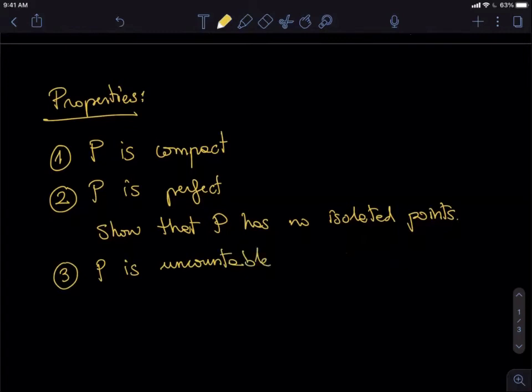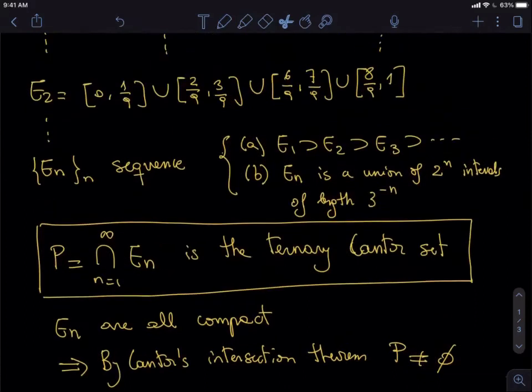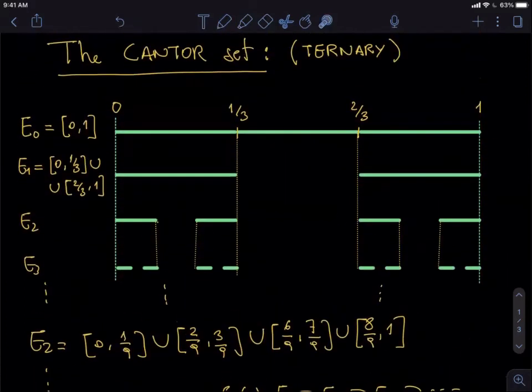Which is very interesting, if you notice, because we started with the interval 0, 1, which is uncountable itself. And we started removing large chunks of the interval at each step.